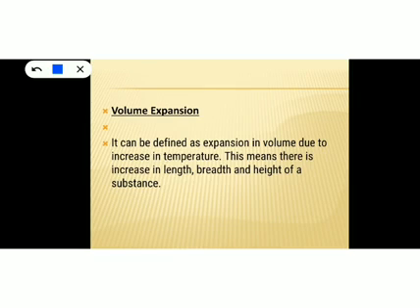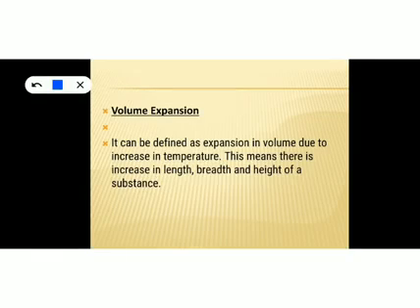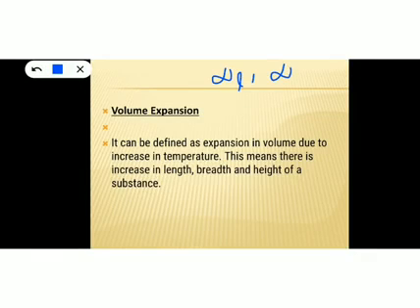Now, we have studied three different coefficients of thermal expansion: alpha L, the coefficient of linear expansion; alpha A, the coefficient of area expansion; and alpha V, the coefficient of volume expansion.